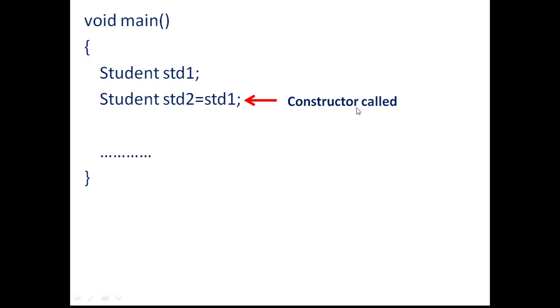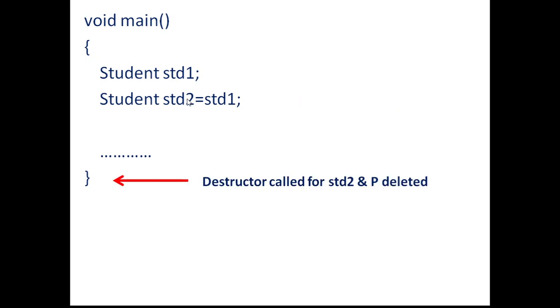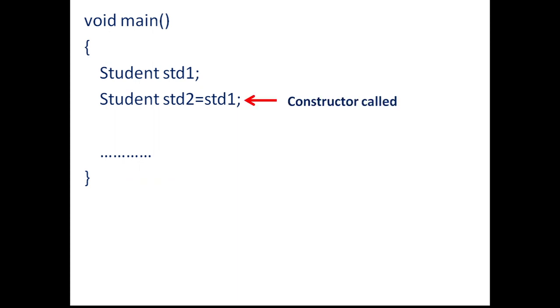Once again a constructor is called because std2 requires a separate constructor execution. But once again the memory of std2 is going to be the same memory as std1. So both the p inside std1 and std2 will be pointing to the same memory.